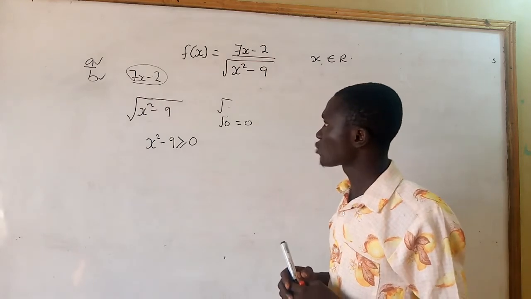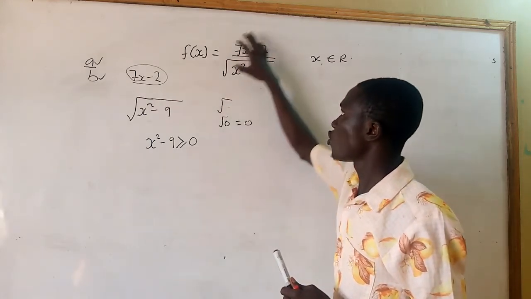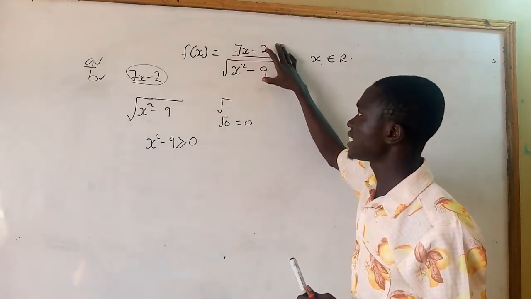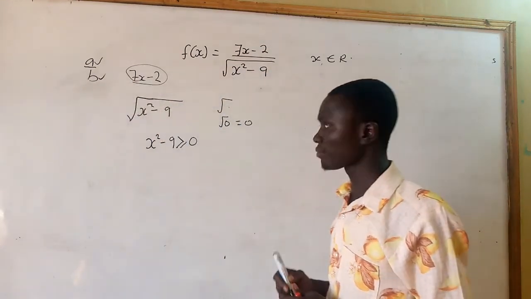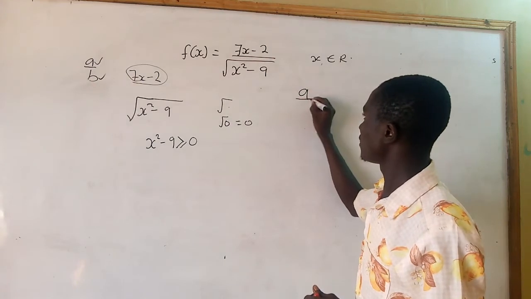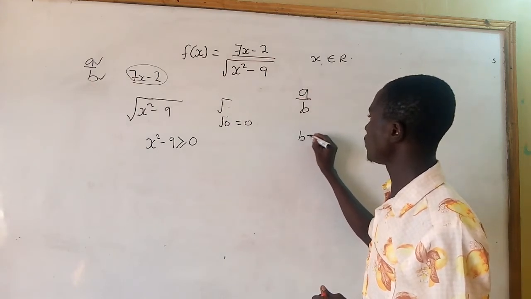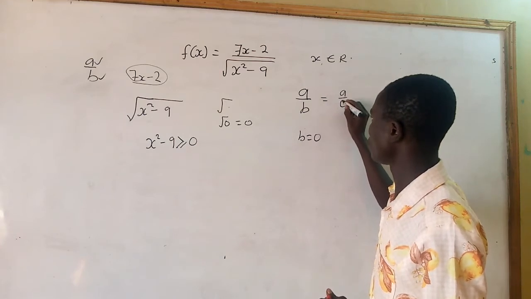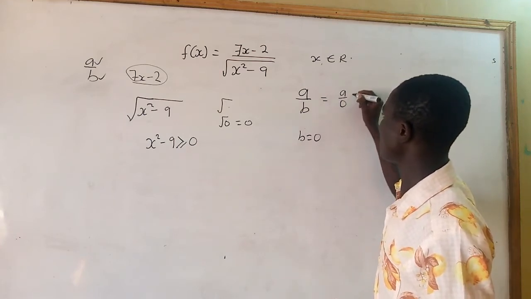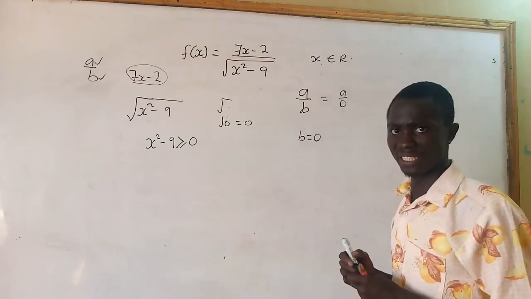Now, let us consider the whole function. Since the whole function is in the form a divided by b, if we put b equal to 0, we are going to have a divided by 0. And here, the function will become undefined.